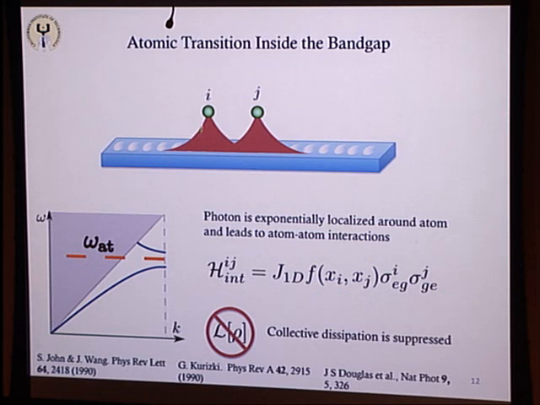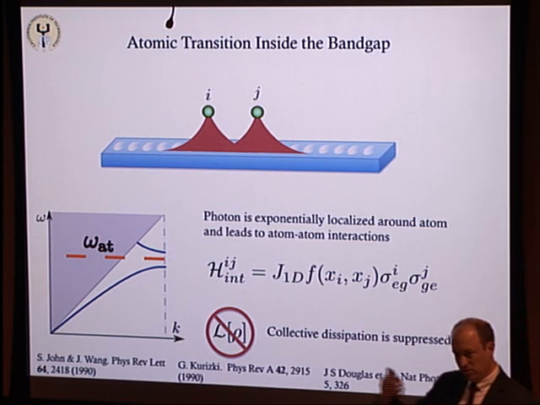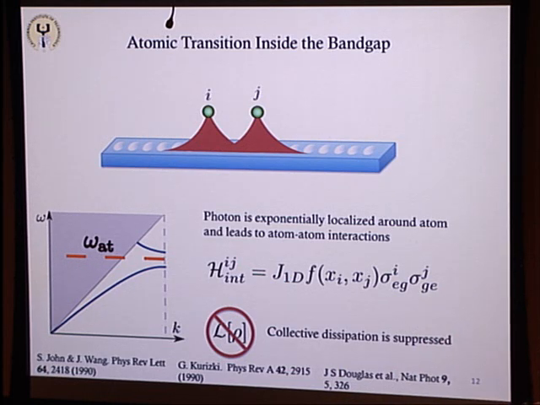But now, if you have, for example, two atoms and their photonic wave packets are overlapped, they'll start to exchange interactions with each other the same way that we saw before. But now the collective dissipation is suppressed. So the only thing that's really occurring in this system, absent losses out into free space, is just these atom-atom interactions. And so this begins to look a lot like the kind of thing that has applications in quantum simulation, for example.